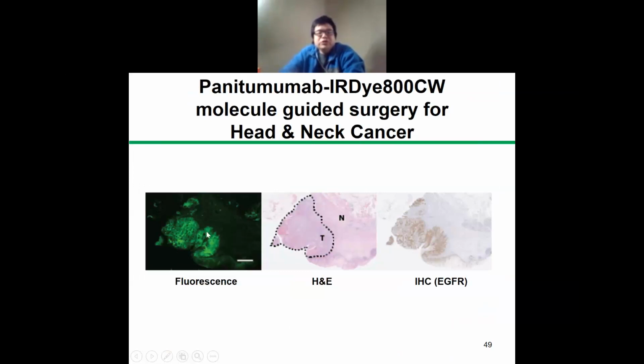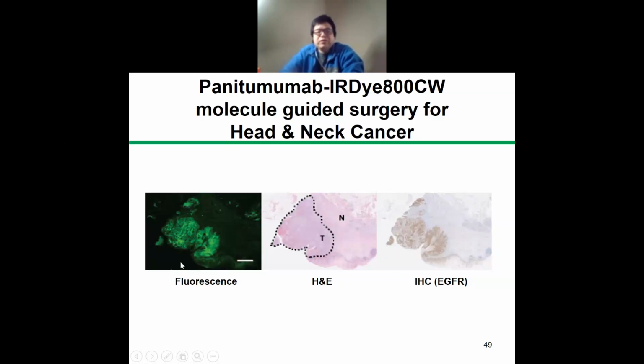This one shows the fluorescent imaging collected by the Pearl system from the LI-COR company. They show the concept that the tumor area, for example the one you can see in the H&E slice and also IHC, highlights the EGFR overexpression. Their antibody nicely targets the tumor area with fluorescence highlighting.